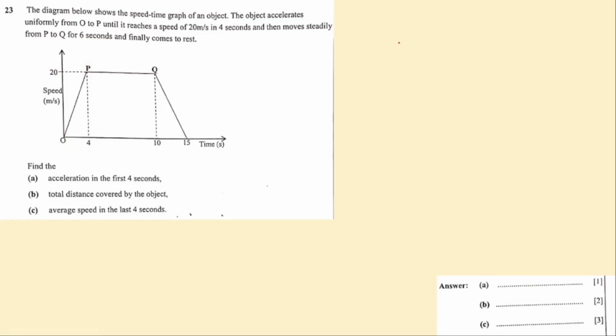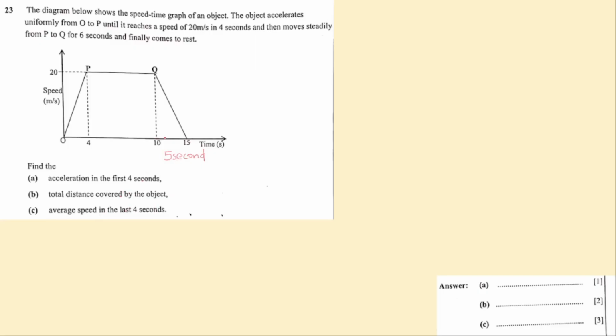Okay, so we need to find the average speed in the last 4 seconds. So when you look at the diagram, from 10 to 15, that is the last 5 seconds. We want the average speed in the last 4 seconds.